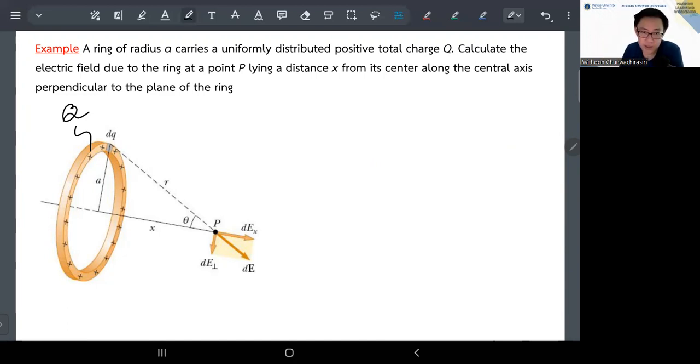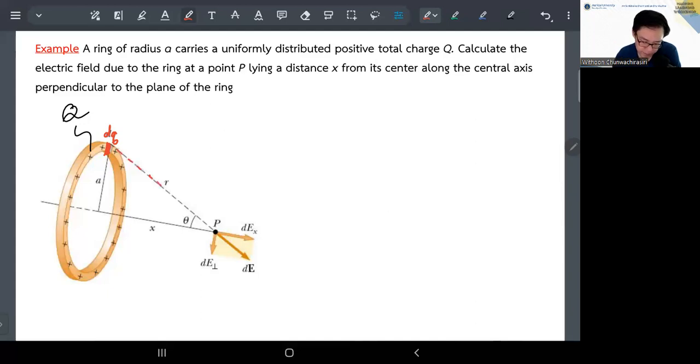Stick with the plan. The plan is you have to slice your charge into a tiny piece of charge yourself. So let's do that. Bam, I slice out a tiny piece. Within that piece, it contains a little bit of charge, dq. Cool? So I'm asking you the same question. What is the electric field due to this tiny piece of charge dq at point P? You say, this is not bad.